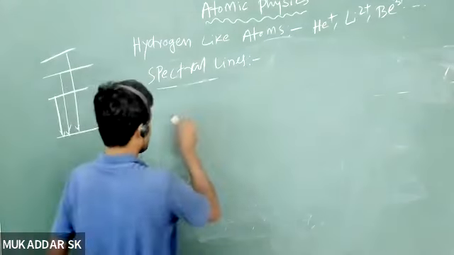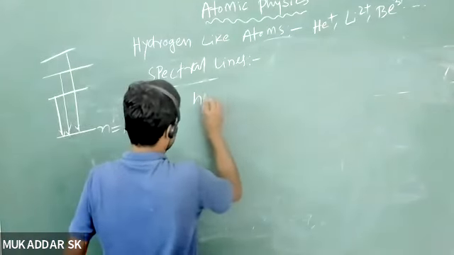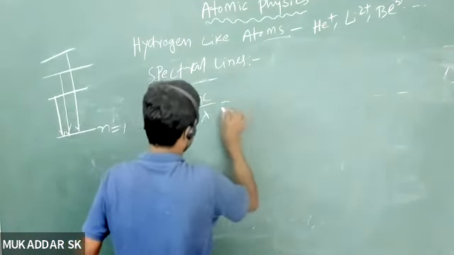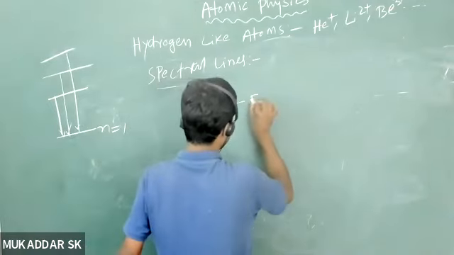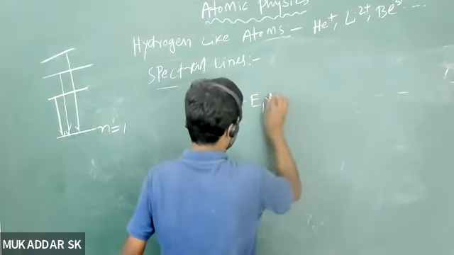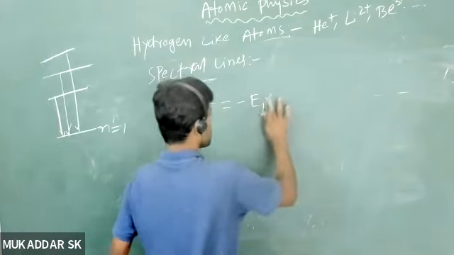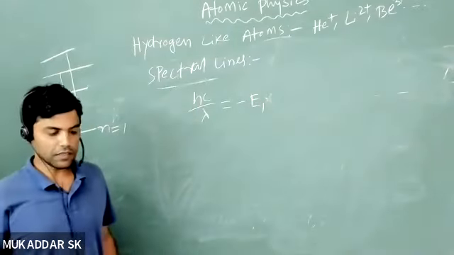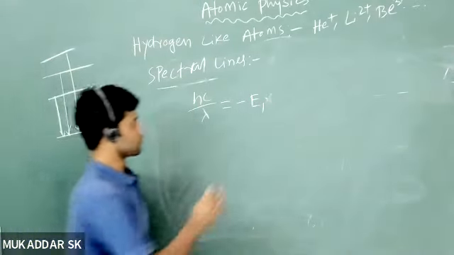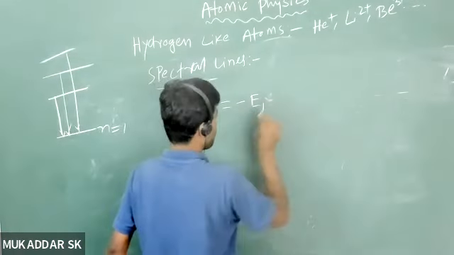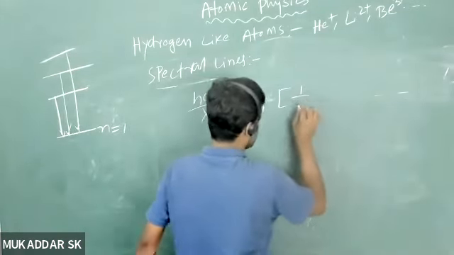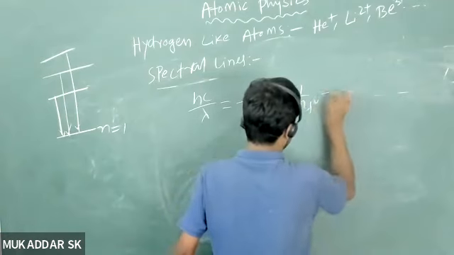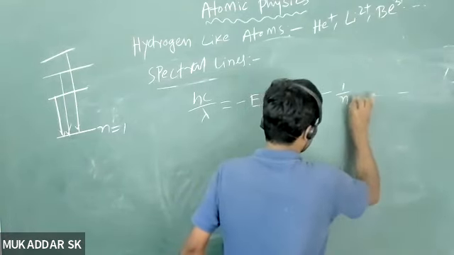Okay, so if you remember, that formula was hc by lambda equals to how much? Minus E1 Z square. For hydrogen, Z will be how much? 1. Very good.